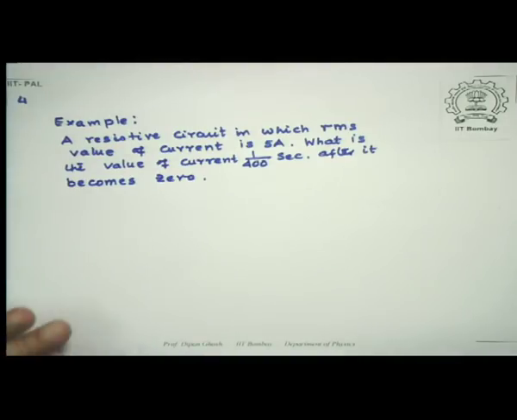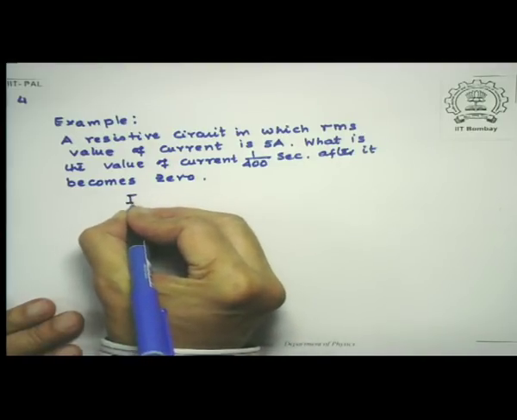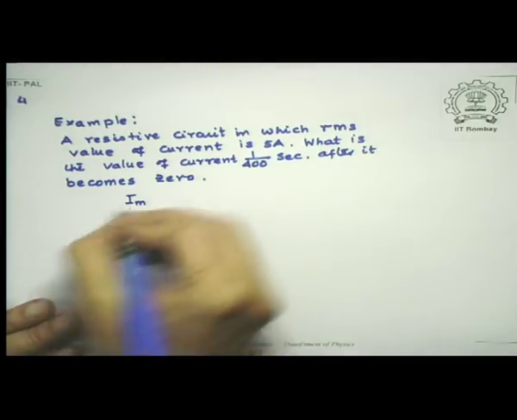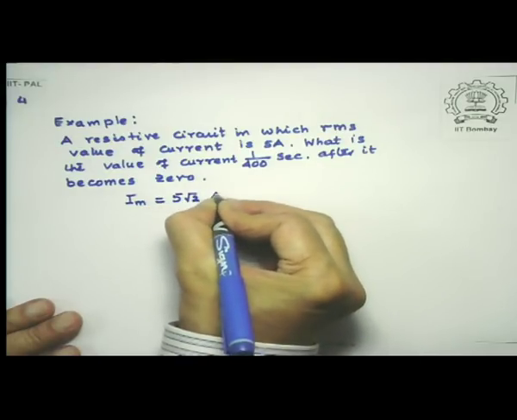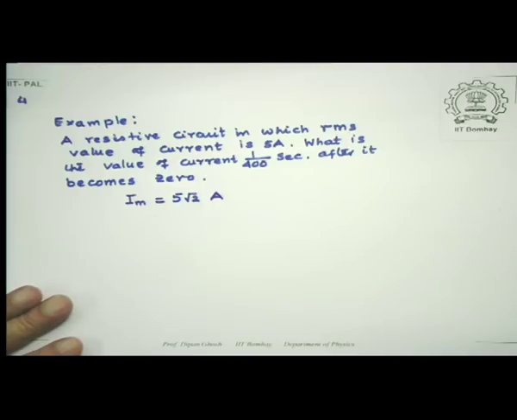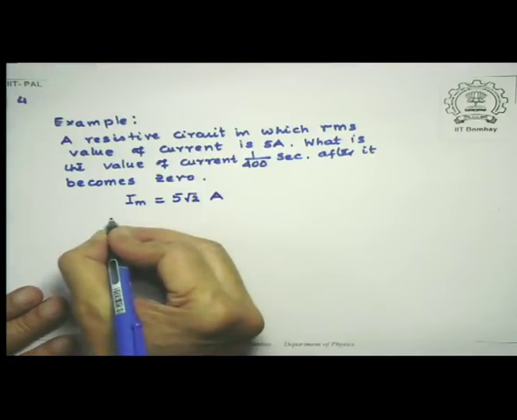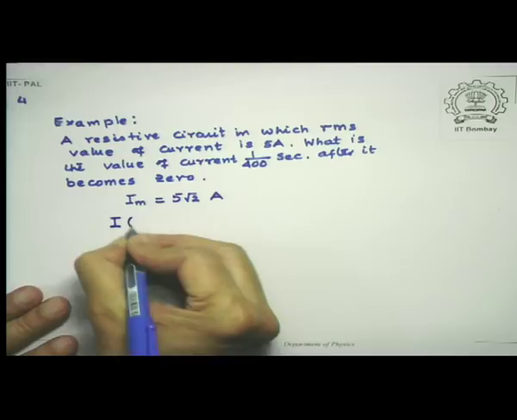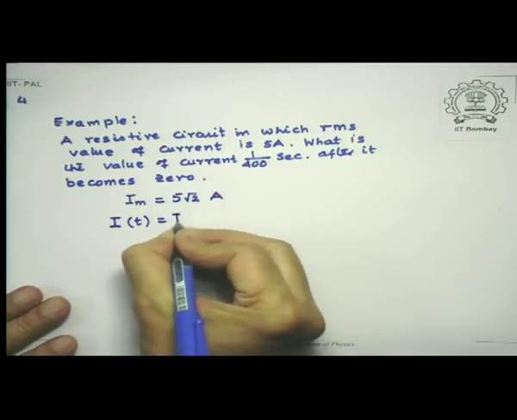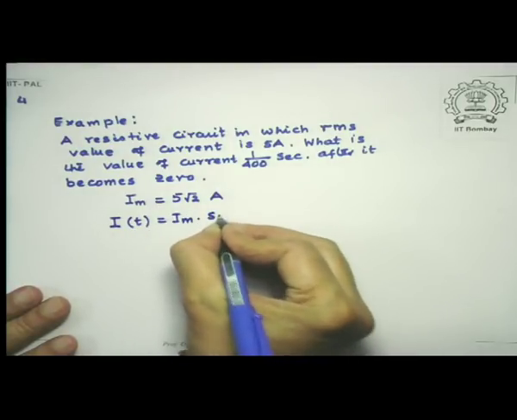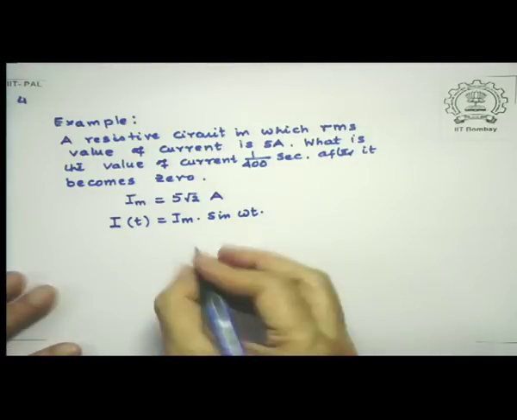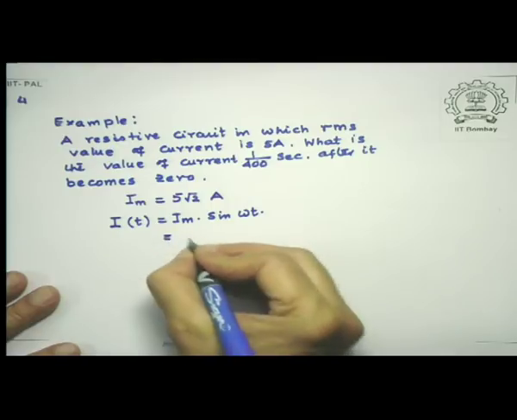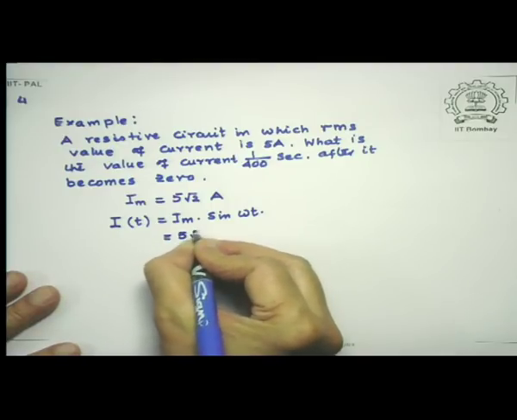So since I am given the RMS value is 5 ampere, I can get the maximum value of current, which I call Im, by simply multiplying with square root of 2. So 5 square root of 2 ampere is the maximum value of the current. Therefore, my I at time t is given by Im sine omega t, and that's equal to 5 root 2.